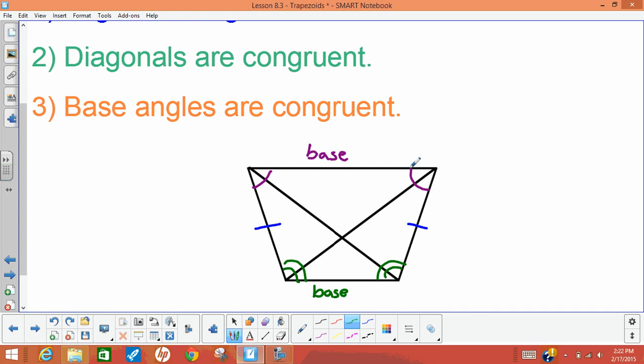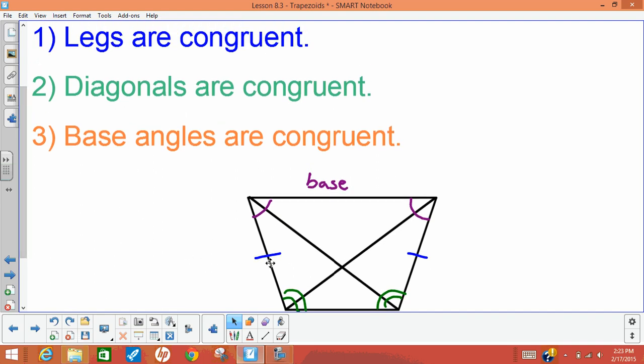So if we know one of the base angles, we know the same angle on that base is equal to it. So isosceles trapezoid kind of gets its name just like an isosceles triangle, in that 2 legs are congruent to each other, and then the angles opposite are congruent to each other. Except in this case we have 2 pairs of congruent angles.